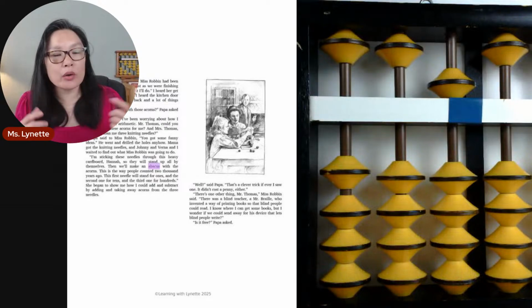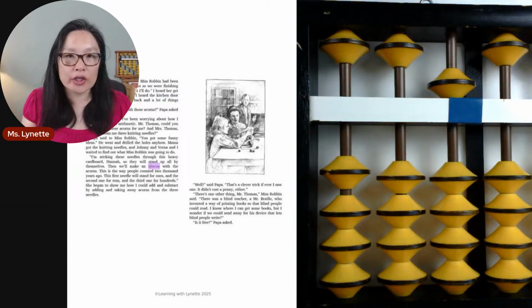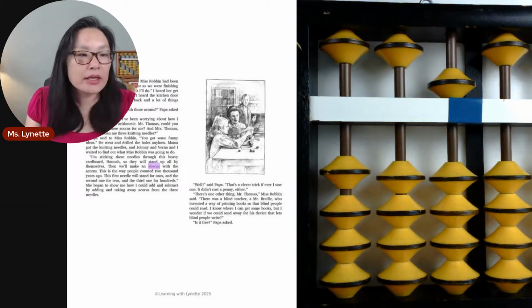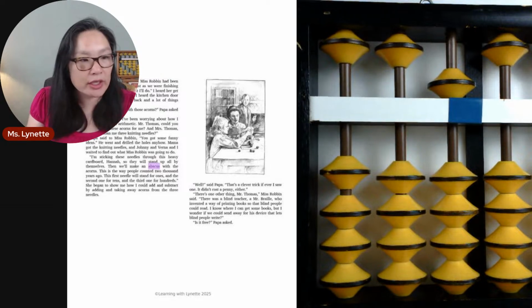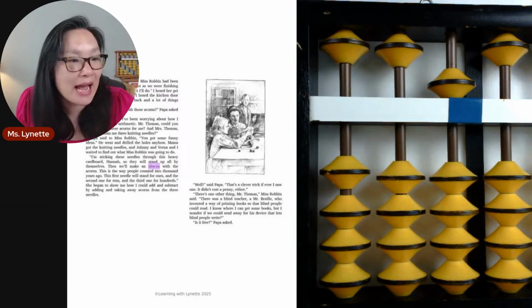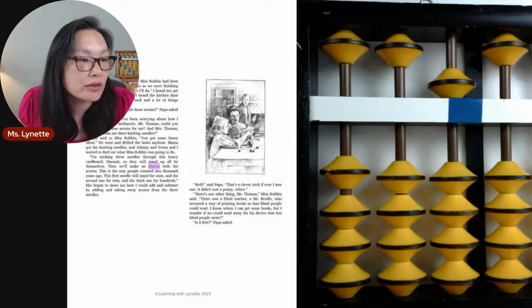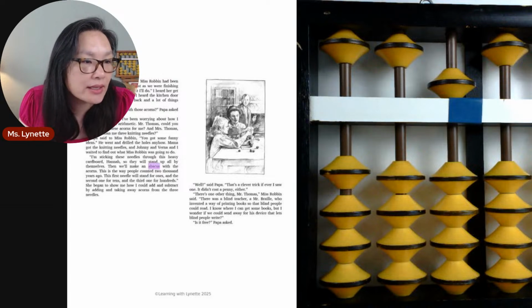She had to stay home, but they didn't want to keep her dumb, right? They wanted to make sure that she continued learning. So what they did is they actually made an abacus with acorns, and this is the way people counted for many, many years.